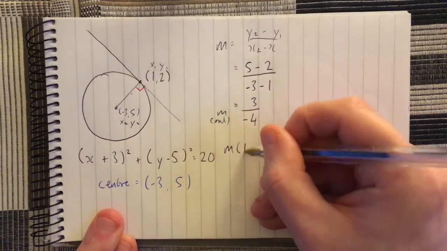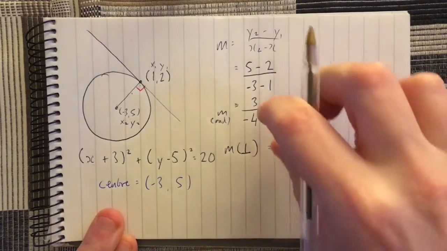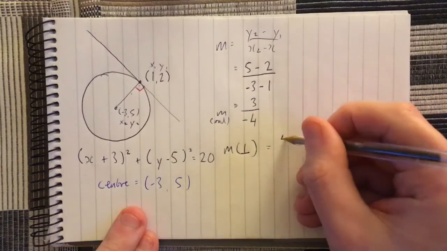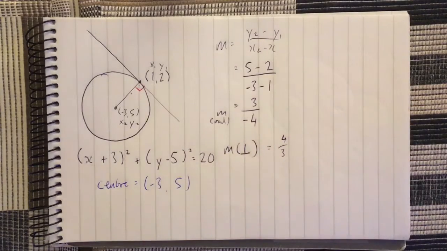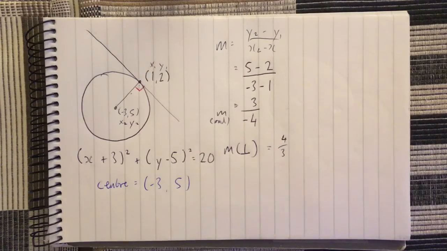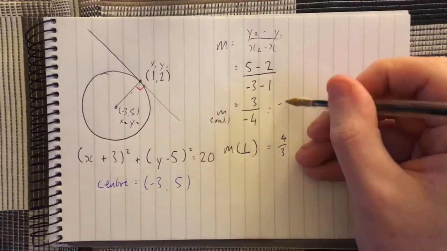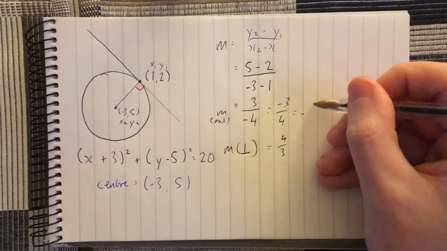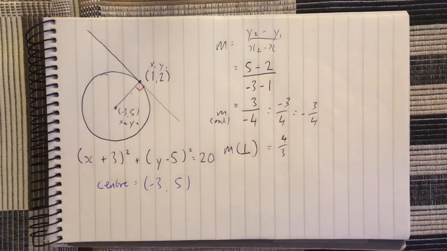So to get the slope of the perpendicular line, you flip this, so it goes from being 3 over minus 4 to 4 over 3, and then 3 over minus 4 means the same thing as minus 3 over 4, with the sign out front.